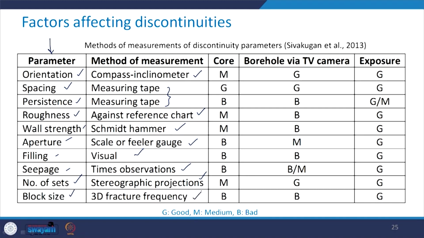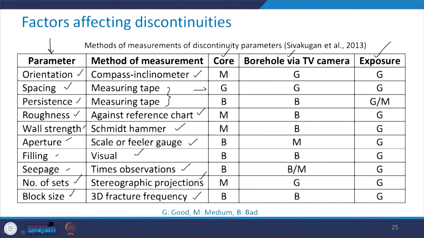Now here, these measurements can be taken in a core, or through a borehole via TV camera, or from the exposed surface. Depending upon from where you have taken these measurements, you can get different quality of the data. Here G stands for good quality, M stands for medium and B stands for bad quality of the data.